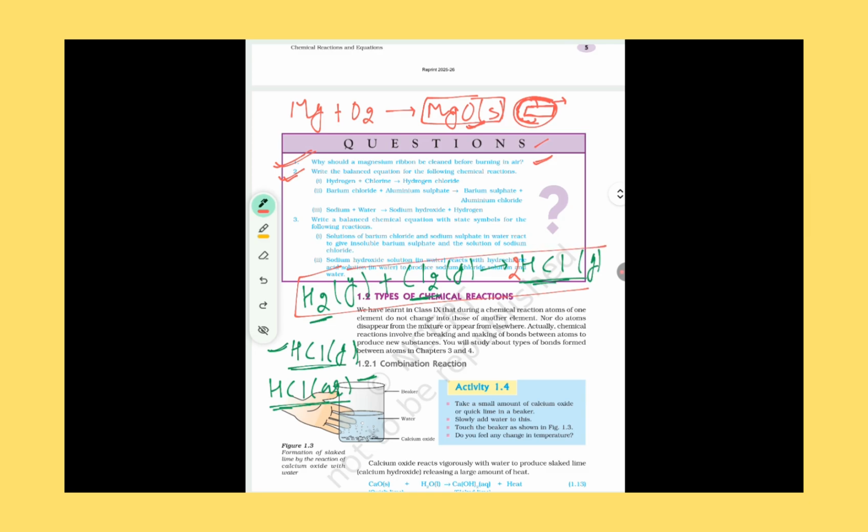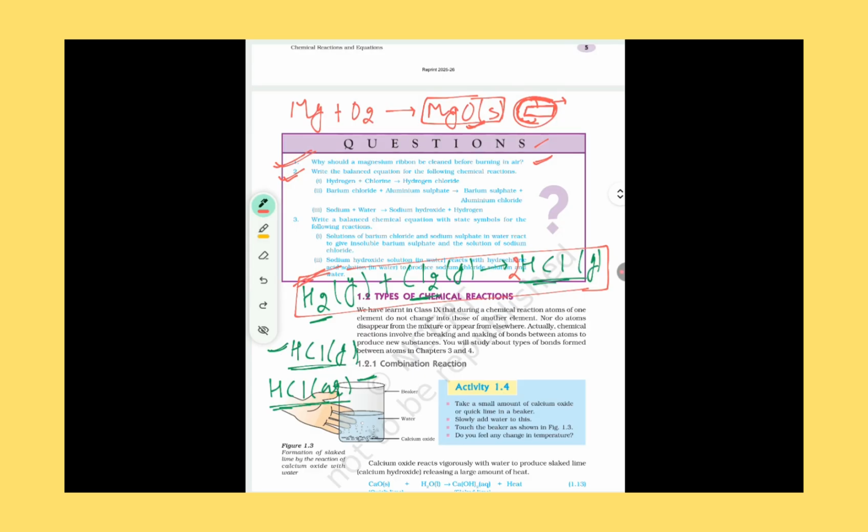Why do we balance a chemical reaction? This is also one question: why should a chemical reaction be balanced? As we know that in every chemical reaction, whatever the mass of reactants react, that should be equal on the other side also, according to what? Law of conservation of mass. Mass can neither be created nor be destroyed during a chemical reaction.